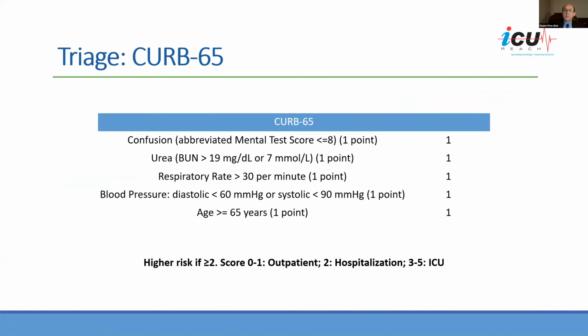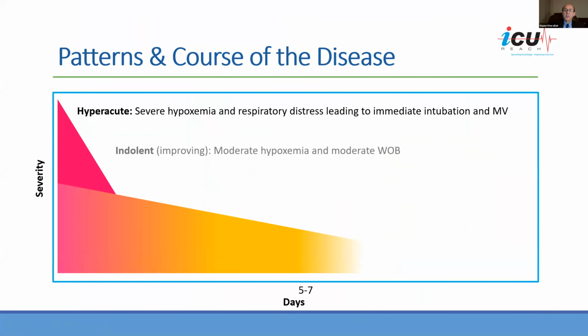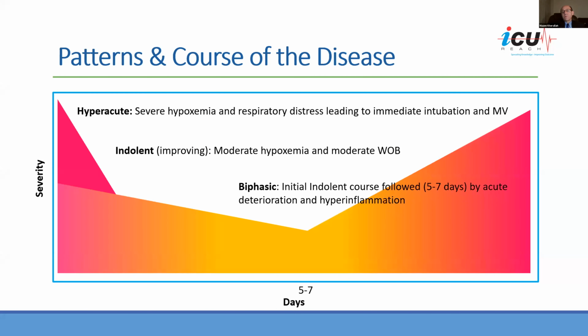The other thing that you mentioned in terms of the course is this is seen in almost 30% of cases where you would see patients getting better, and then by the end of the first week, would get another phase where they have severe inflammation with hypoxemia and worsening of the condition. So this is seen typically in around 20 to 30% of cases. That's what everybody is seeing. So we think this is progression from phenotype L to phenotype H.